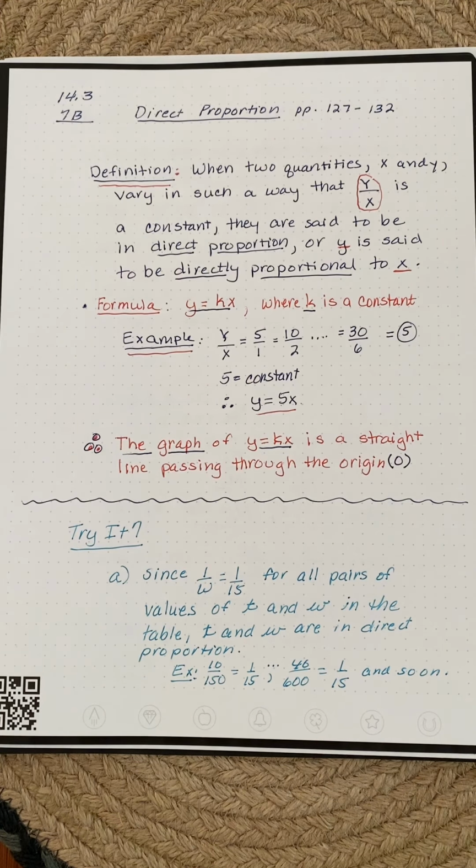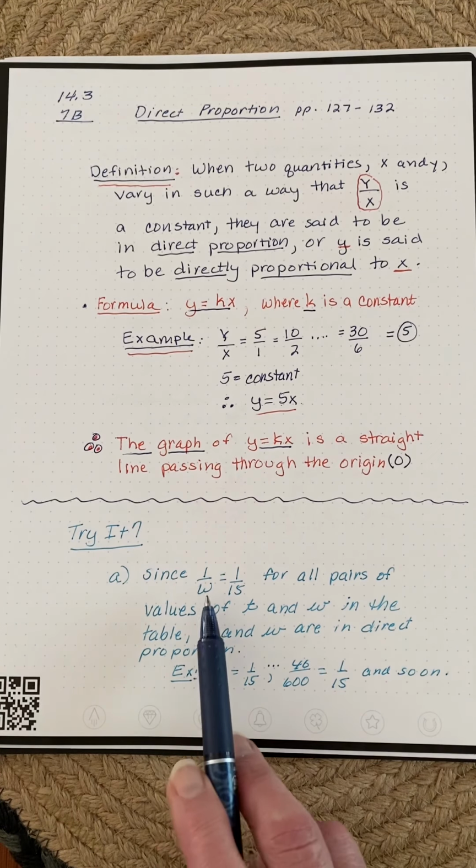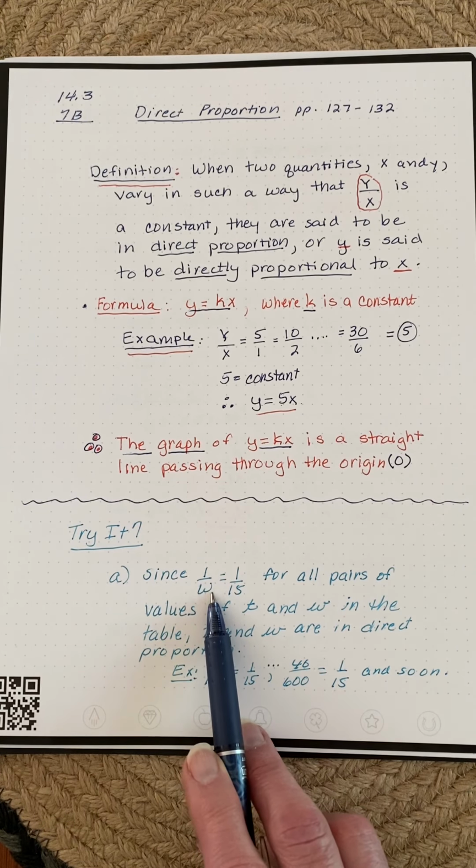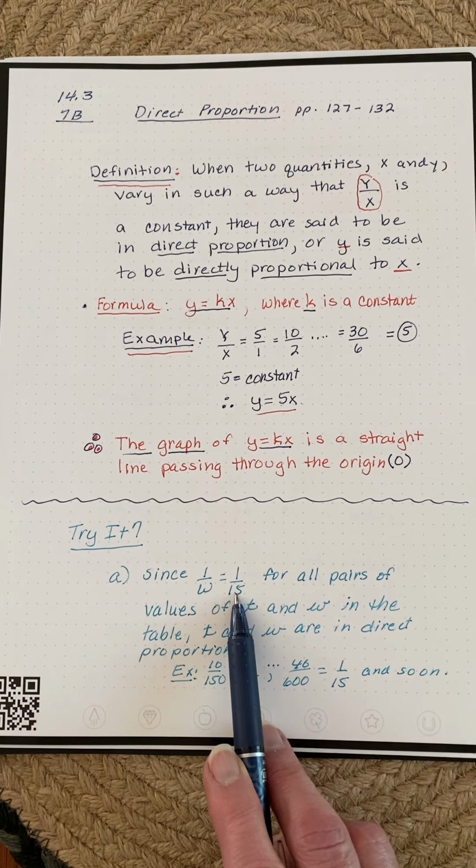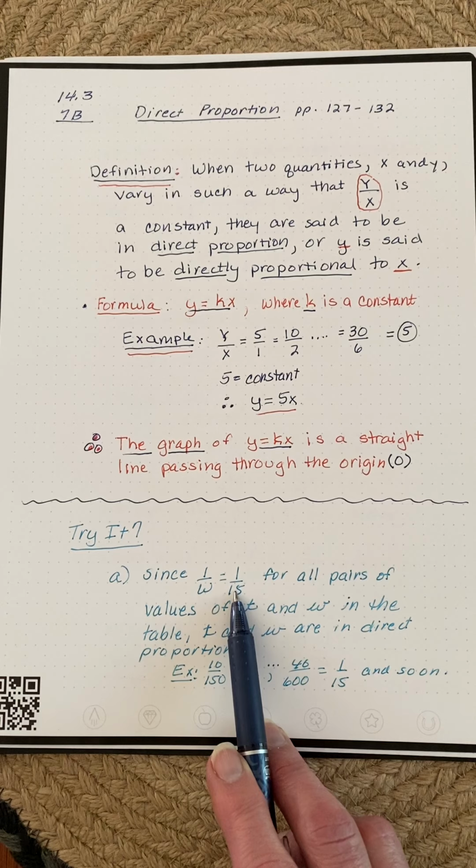The first thing I need to do in letter A is show that T and W are in direct proportion. Since T over W equals 1 over 15 for all pairs, because I would reduce 10 over 150, get rid of the zeros, it's 1/15.